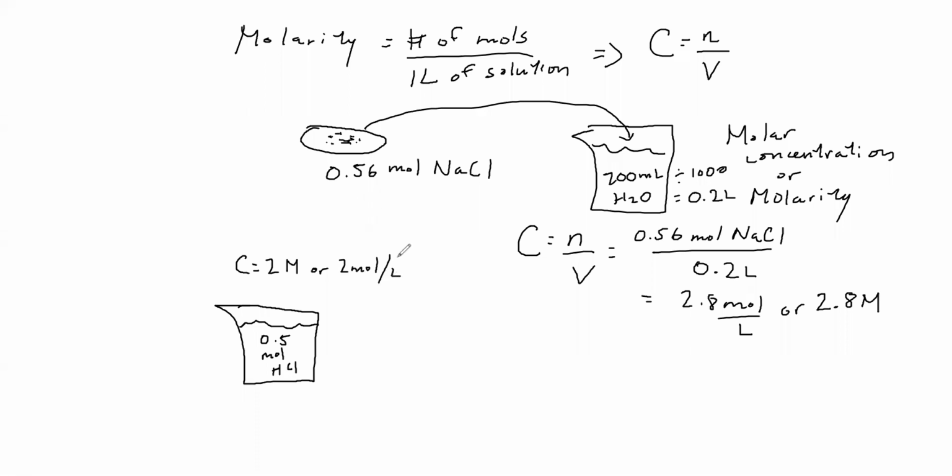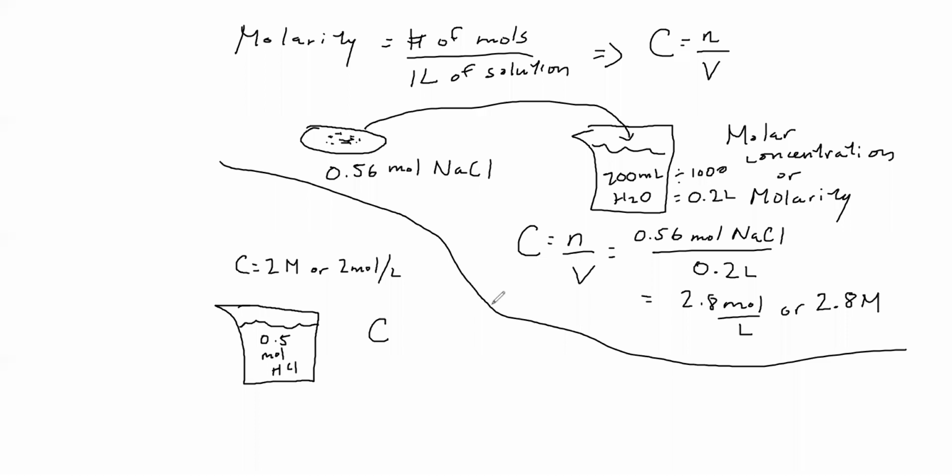So how do I go about solving this? Well, first things first, I know that C is equal to N over V. So my concentration is 2 moles per liter. That's on the left. And then I'll have my N as 0.5 moles. And this is an unknown V.